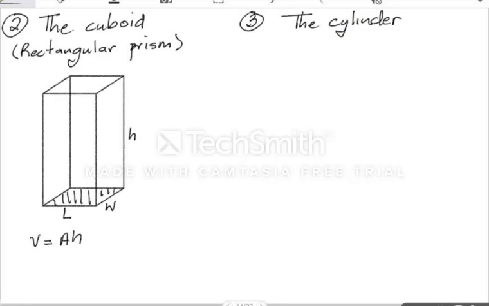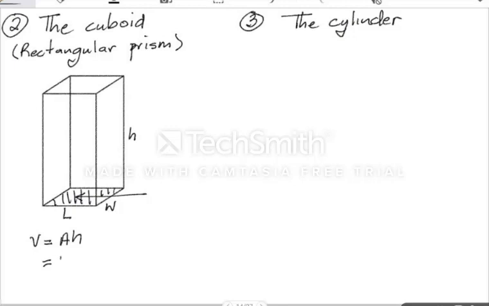But in this case, the cuboid, the uniform cross section is a rectangle. So this is the uniform cross section that is shaded right here.